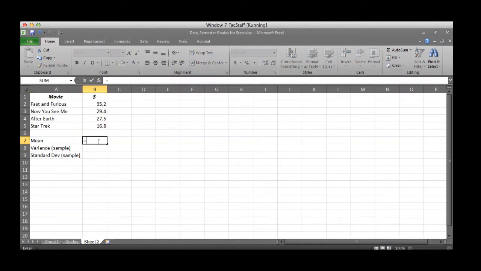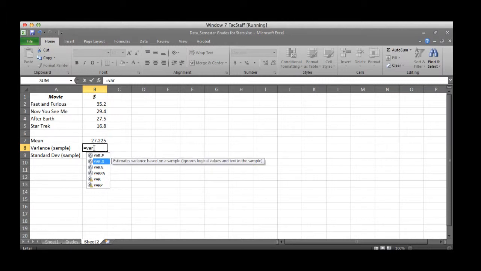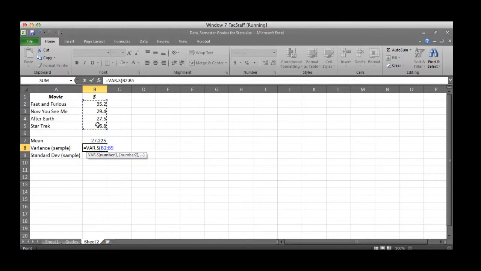In Excel, average is the method for the mean. For the variance, if you type equals var, you have 2 options. var.p is the variance for the population. var.s is the variance for the sample. I've designated these 4 observations as sample data.